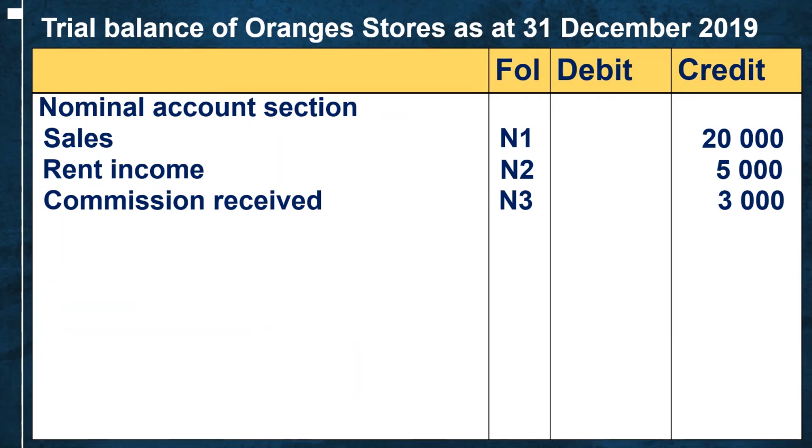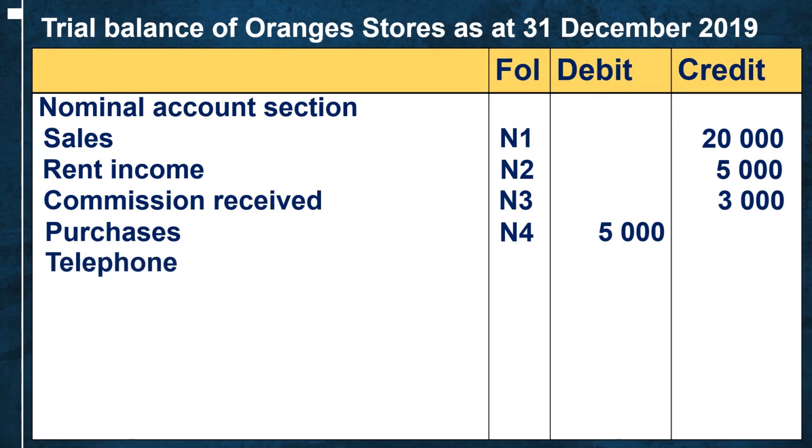We move on to purchases, where we write purchases in the first column, and in the folio column we write N4 and record the amount of 5,000 Namibian dollars in the debit column because purchases increases on the debit side.